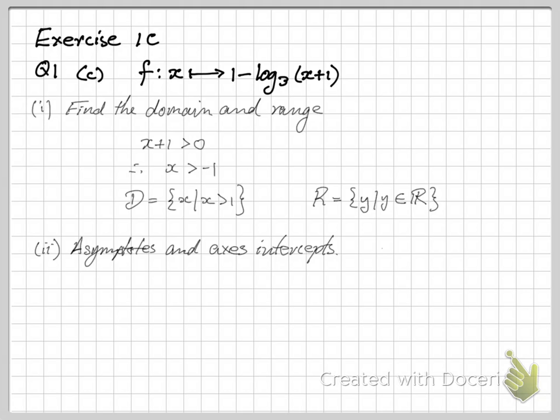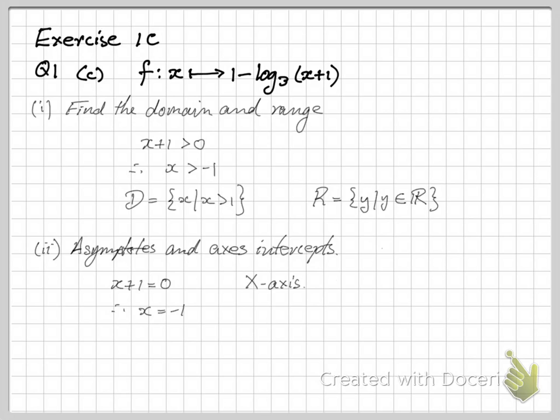Alright, asymptotes and axes intercepts. We'll have a vertical asymptote when x plus 1 is equal to 0, and so that gives us the vertical asymptote x equals minus 1. Now, axes intercepts, we can look at the x-axis. We know that the y value must be 0 to find the x-axis intercept.